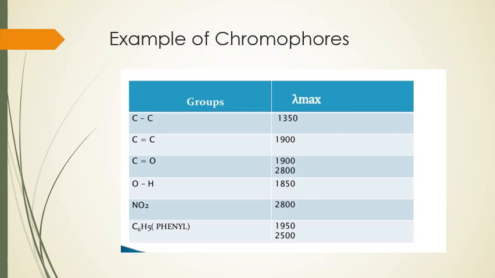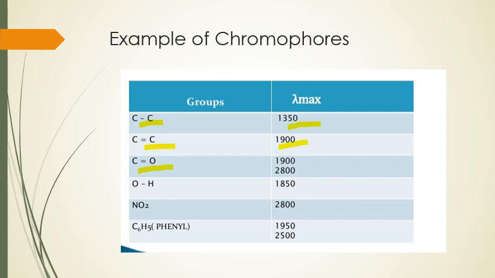Here in the table we have the various chromophore groups, each having a characteristic absorption in the UV-visible range. We have the carbon-carbon single bond, then the double bond, which also absorbs in the UV-visible range. The carbonyl group shows two types of lambda max, the wavelength of maximum absorption.